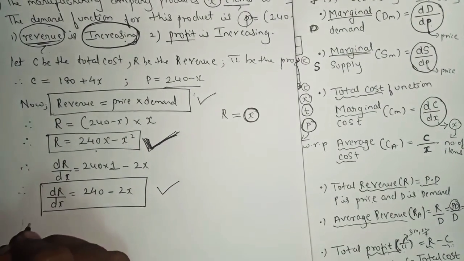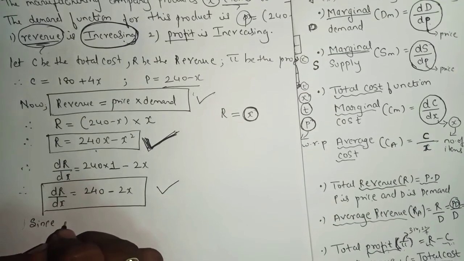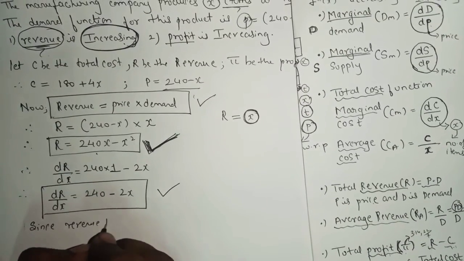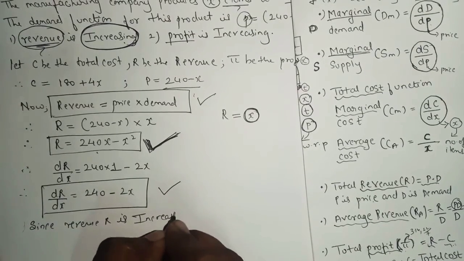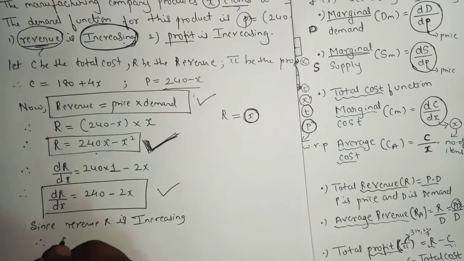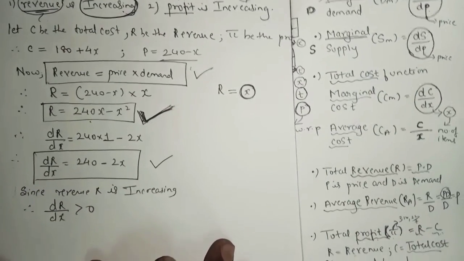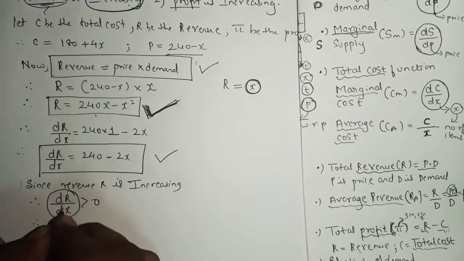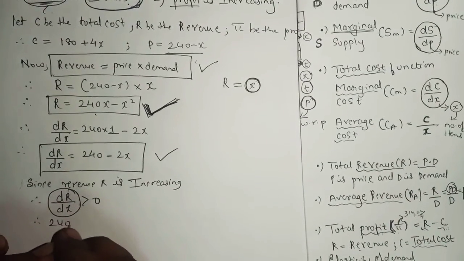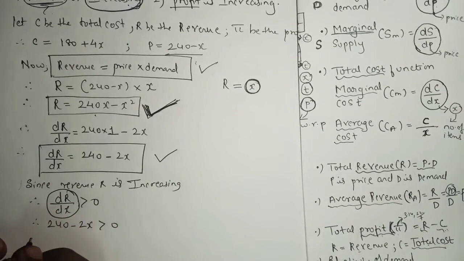So now you will write the step. Since revenue R is increasing, the function increases when the first order derivative is greater than 0, yes or no. Therefore here we have the value of dR upon dx, that is 240 minus 2x, which is greater than 0.